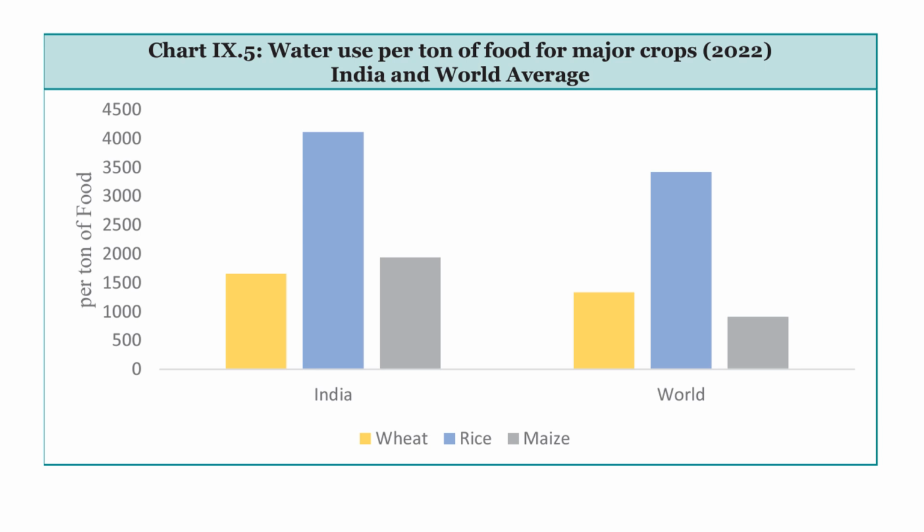For rice around 4000 per ton of food, and for maize around 2000. But on the right side you can see the difference. Less water used for wheat production, less water for rice, also less water for maize.